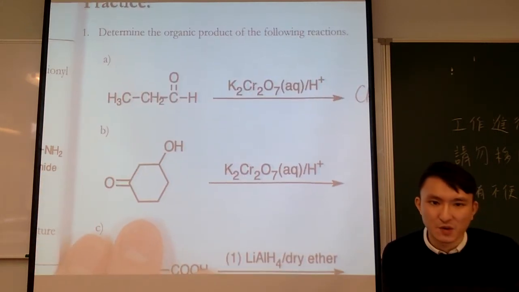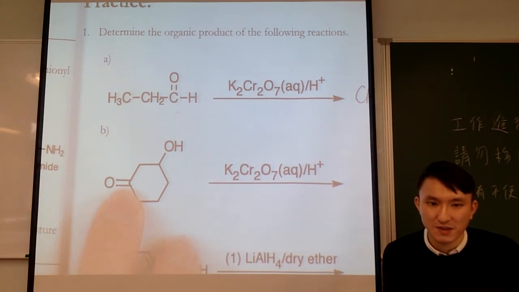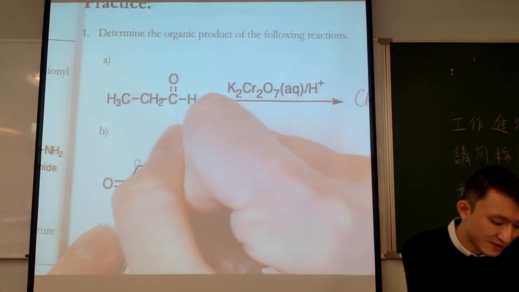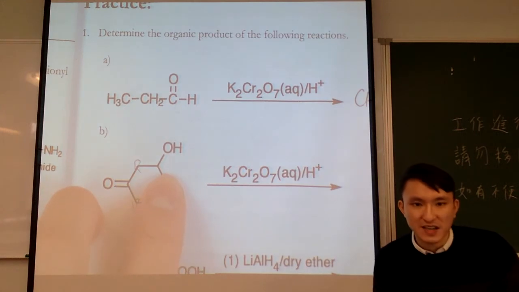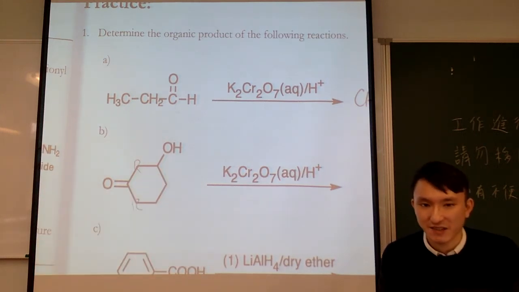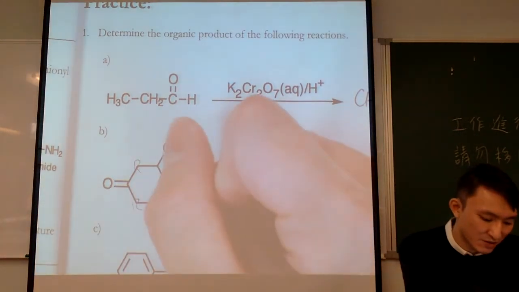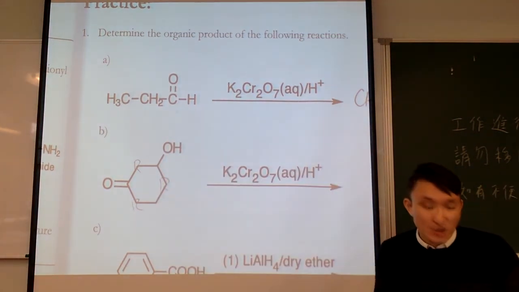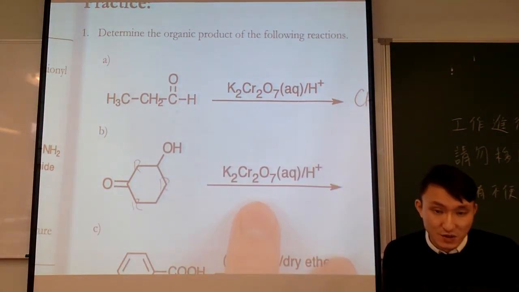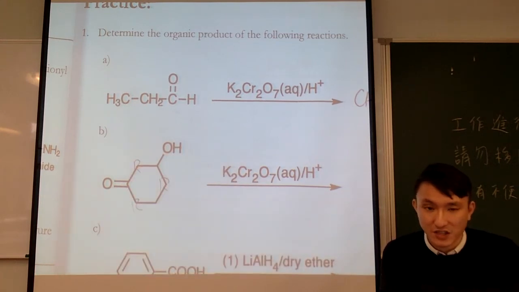Then this one, we have a ketone. You should be able to tell this one is a ketone because there are two R groups here, right? And this one is a secondary alcohol, again two R groups here. So we have an oxidizing agent. The question is, which one will undergo oxidation?